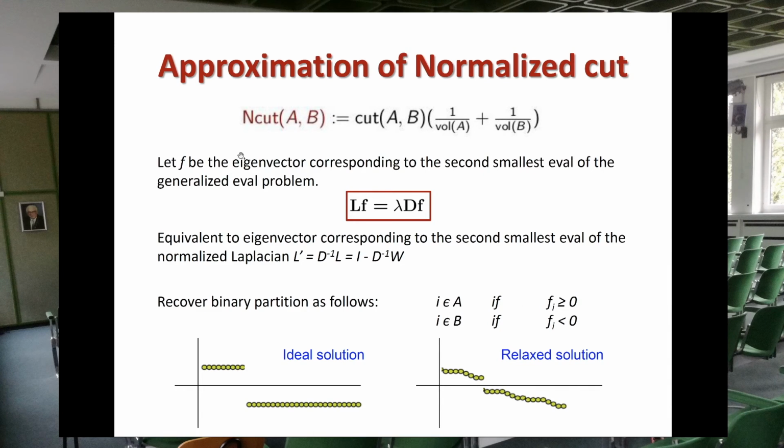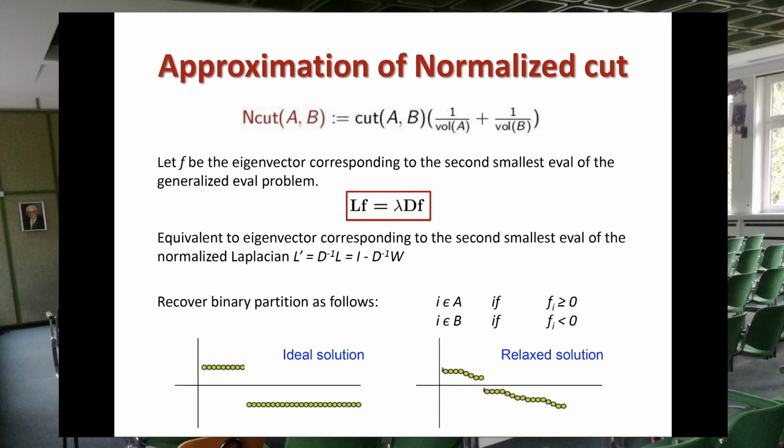So the approximation to this normalized cut will be through the computation of the second eigenvector. Let f be the eigenvector corresponding to the second smallest eigenvalue of the generalized eigenvalue problem. This is an important point. When we studied principal component analysis, we were calculating the largest eigenvalues. In this case, we are interested in the smallest eigenvalues.